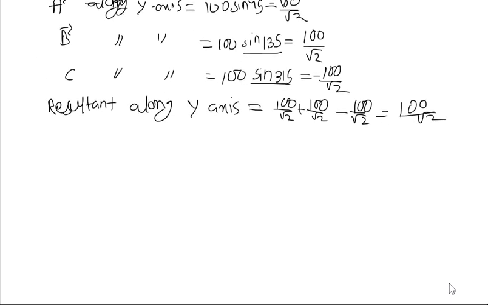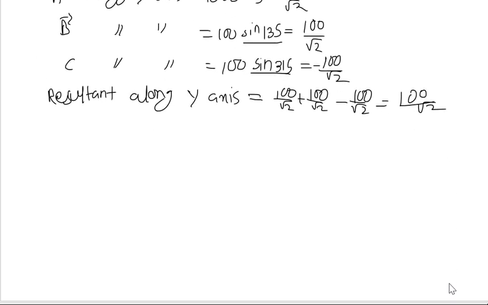So the total resultant: as the x-axis and y-axis make an angle 90 degree to each other, the resultant is simply the square root of resultant along x-axis squared plus resultant along y-axis squared.